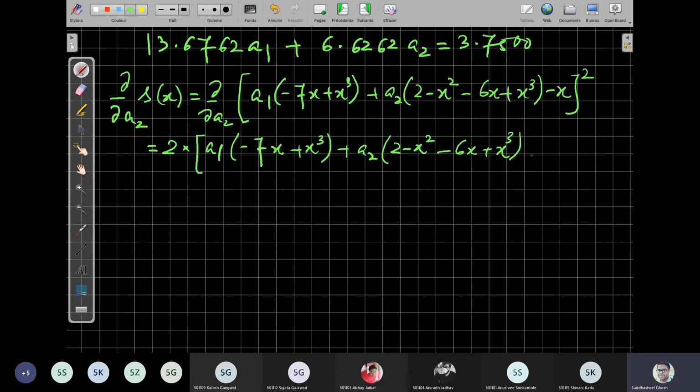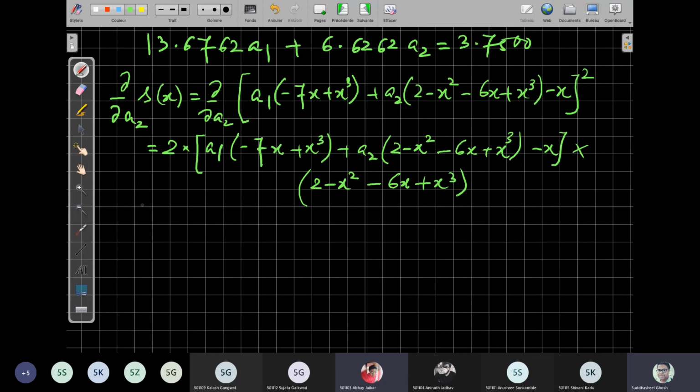And then you have minus x into 2 minus x square minus 6x plus x cube. Okay, no problem there.